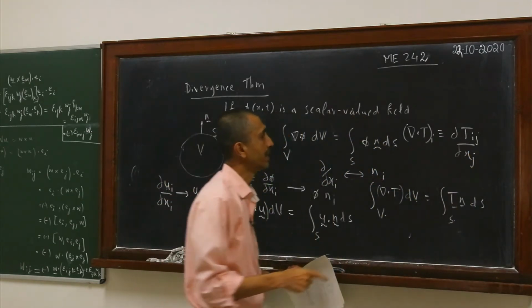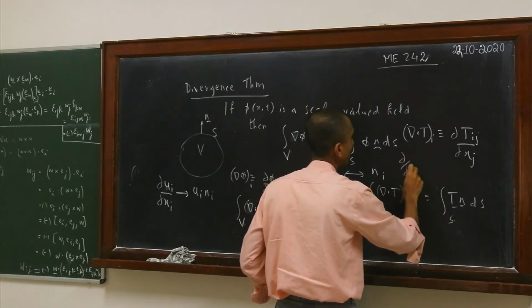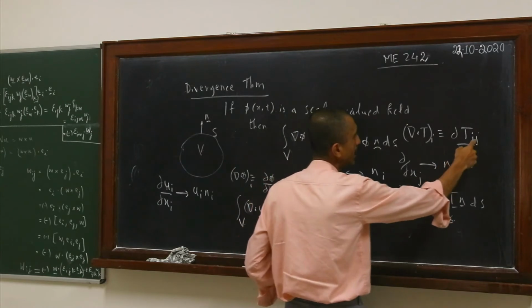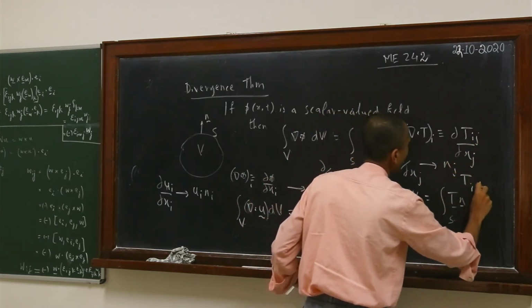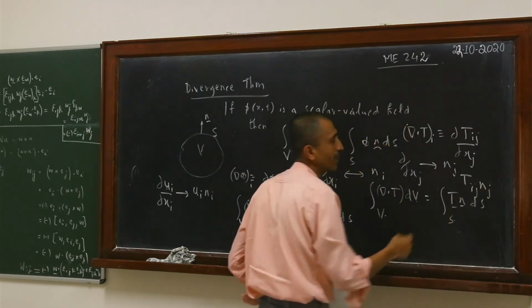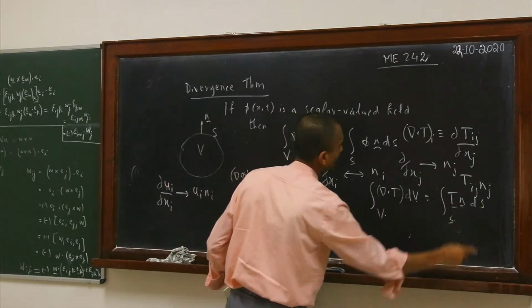Now this del by del xj goes to nj, and so this will become t ij nj. And so that's the ith component of t times n. Okay, so del dot t will go to t n times ds.